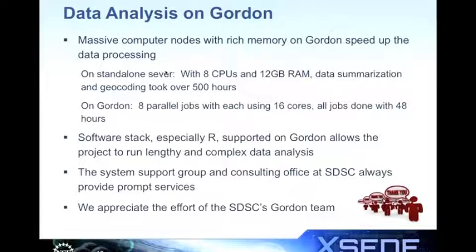We partitioned our database into a couple hundred small pieces. Then for each piece, we run a job on Gordon. We use 8 parallel jobs, with 16 cores for each job, and all jobs can be done within 48 hours.